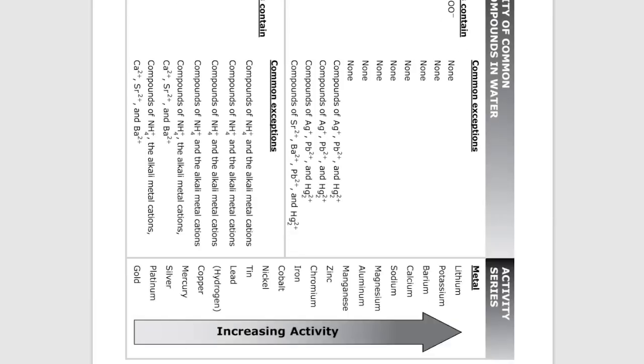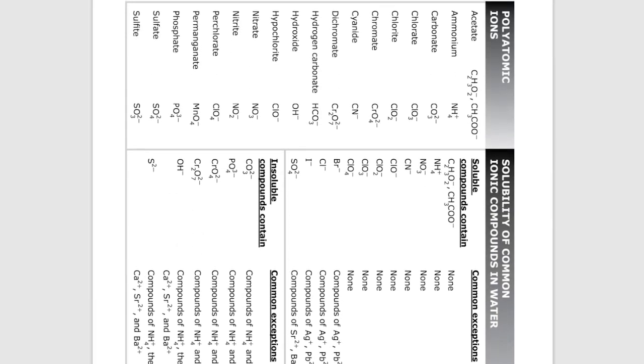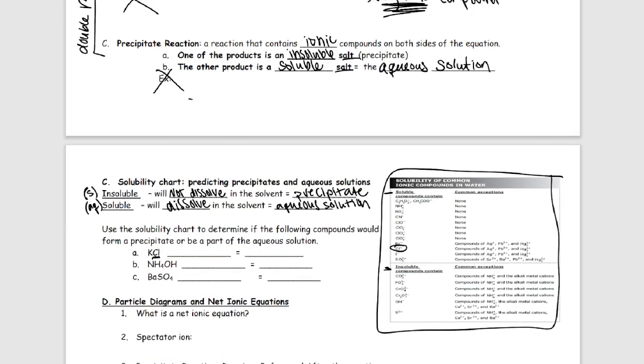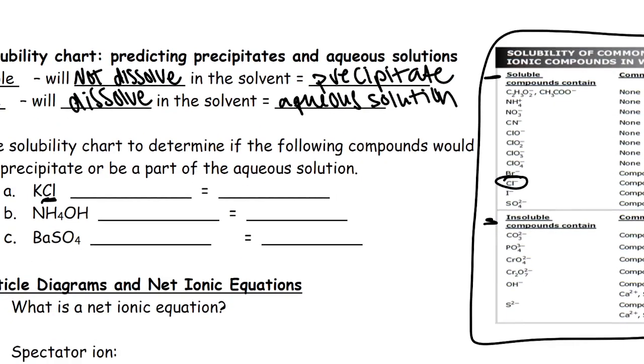So if you flip your notes packet to the very last page, you have that there as well. So for potassium chloride, is this going to be soluble or insoluble? Soluble. And does that make it a precipitate or an aqueous solution?